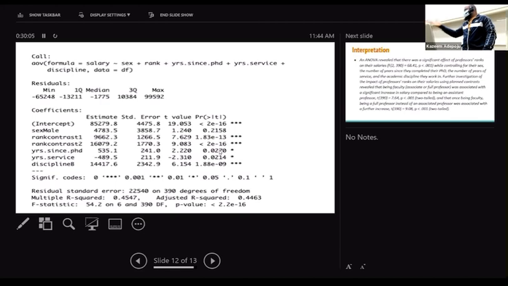Do you know that you can do a lot with this data set? You can do one-way analysis of variance, where you are only looking at one categorical predictor on salary. And what is that categorical predictor? Rank. You can also do two-way analysis of variance.